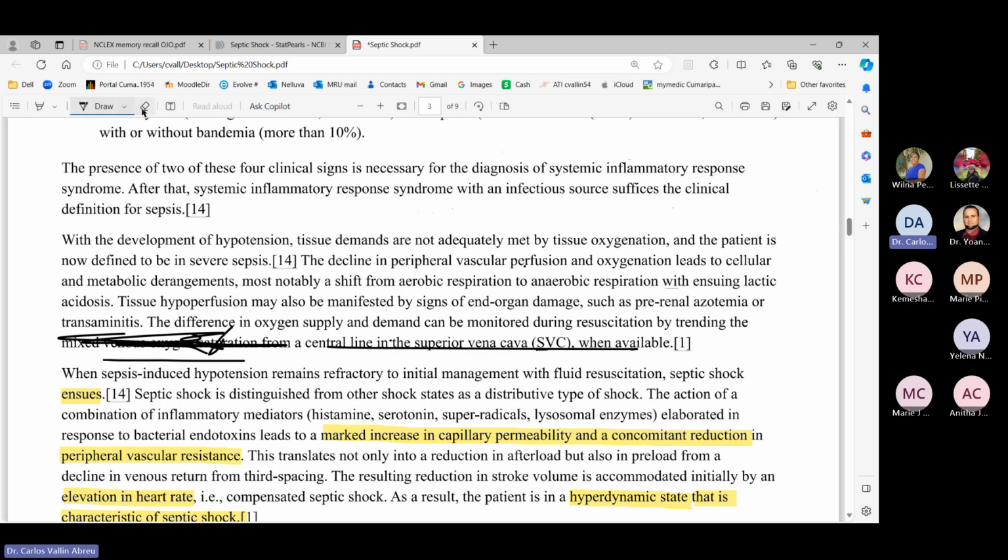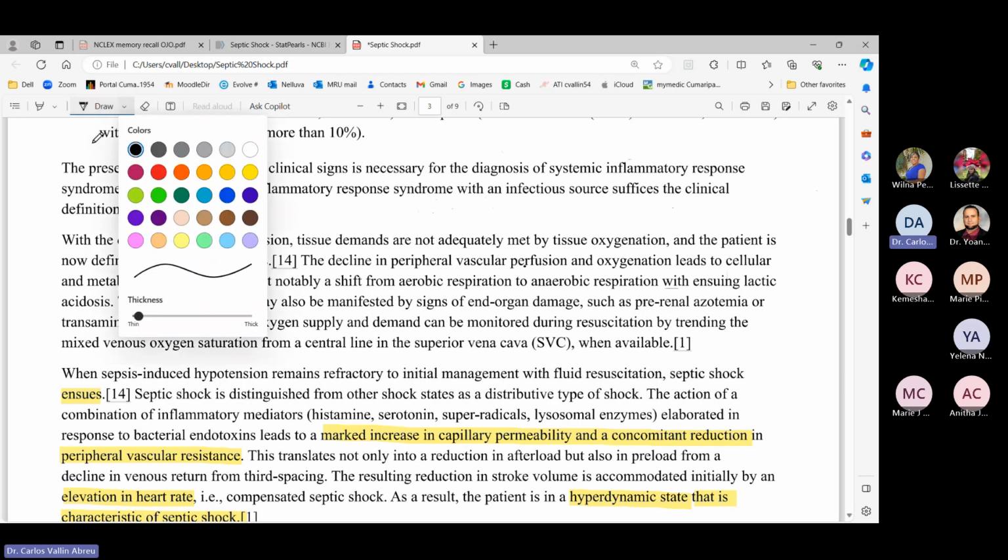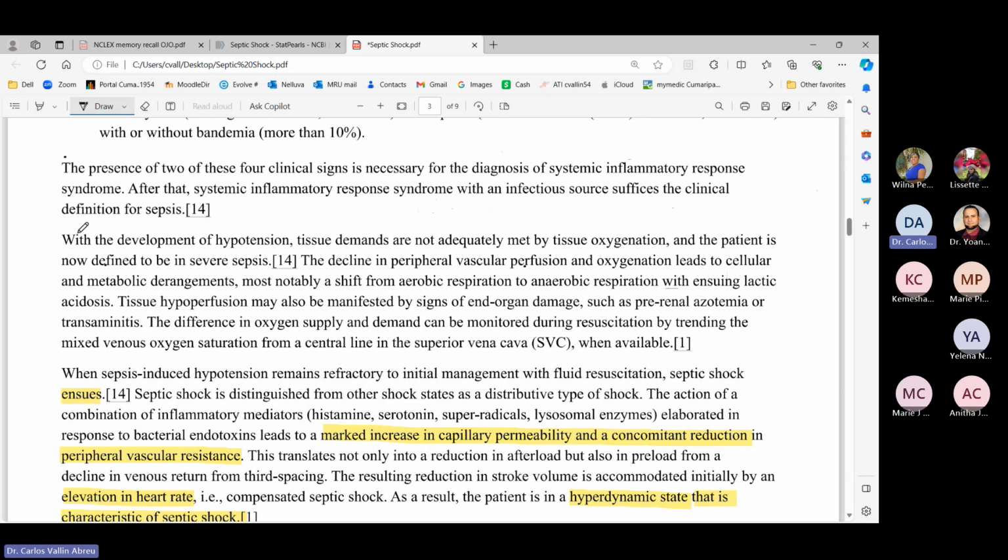But when you specialize, like in ICU nursing, you are going to be trained in understanding the evaluation of the oxygenation and the mixed blood that is coming from the organs, and why it's so important. Let me continue reading quickly here so you have a better understanding of this.